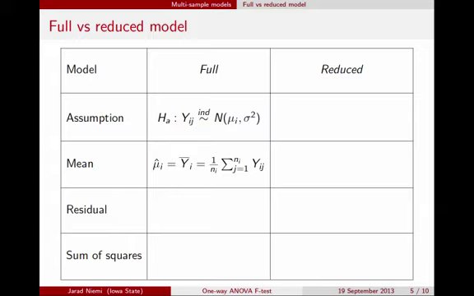In order to construct this one-way ANOVA F-test, we have to have this idea of a residual. A residual is just the difference between what we did observe and what we would expect to observe. In this case, it's what we did observe, Yij, minus the average of that group. We know there's going to be some variability around that average, but nonetheless, we expect that the observations we see fall around that average.